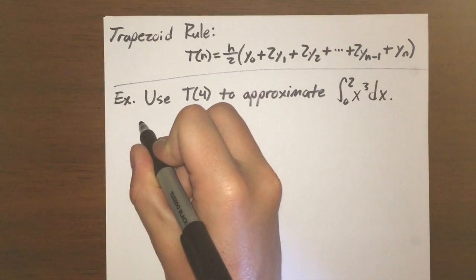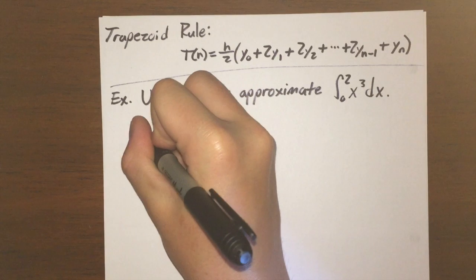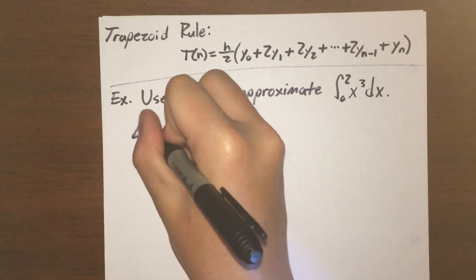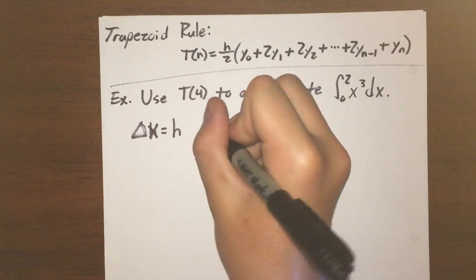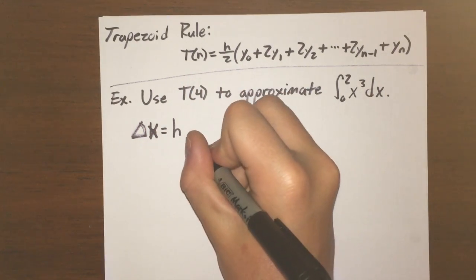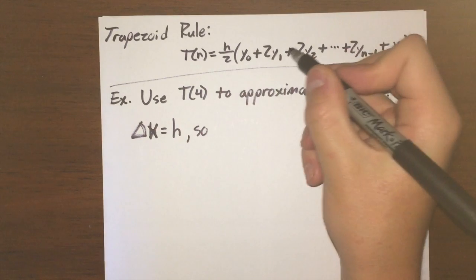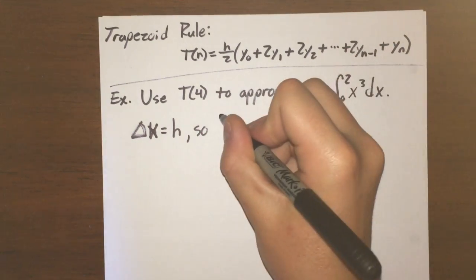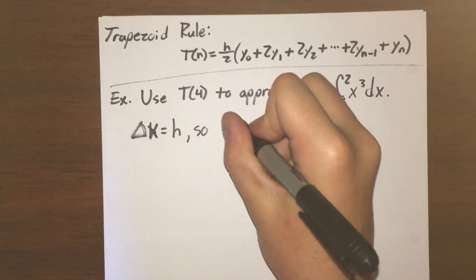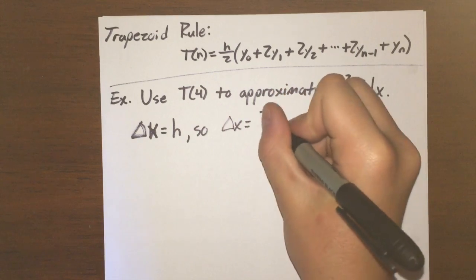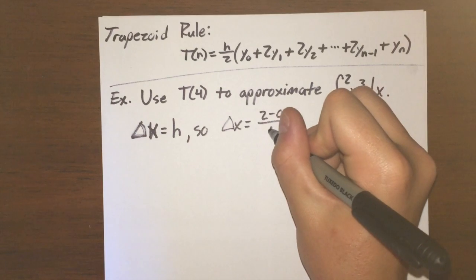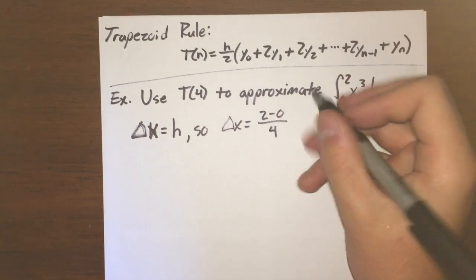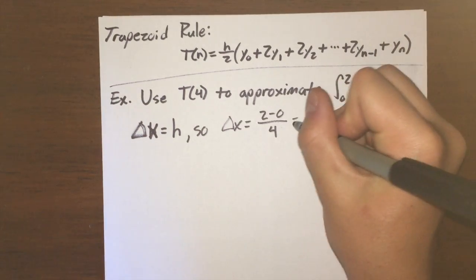For this example, we will use the trapezoid rule to approximate the same function, x cubed. We see here that delta x is equal to h, and we know from the previous example that delta x is equal to 1/2, therefore h is equal to 1/2.